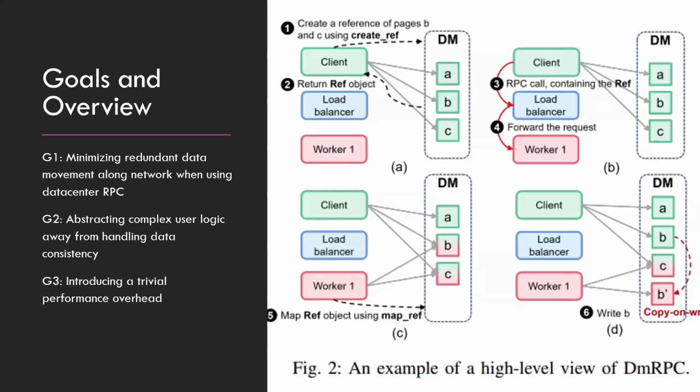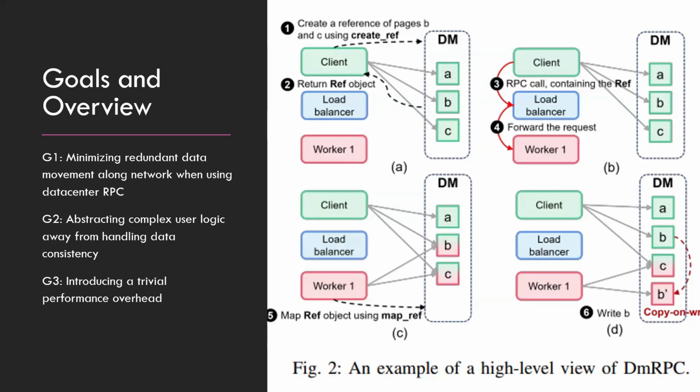The first goal of DmRPC was minimizing redundant data movement along the network when using data center RPCs. What have they done for this? They no longer copy the data, but get a reference to the data in disaggregated memory and pass the reference via RPC.